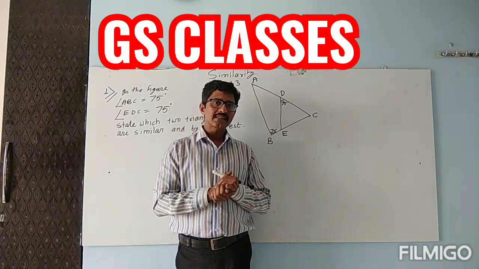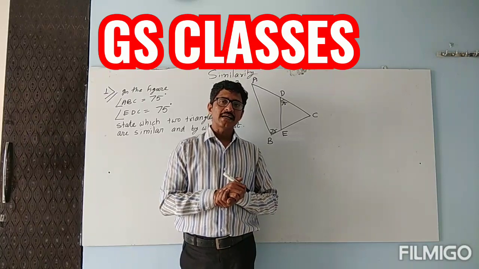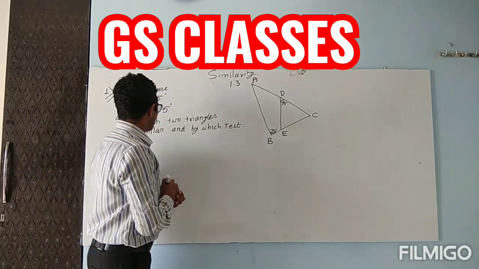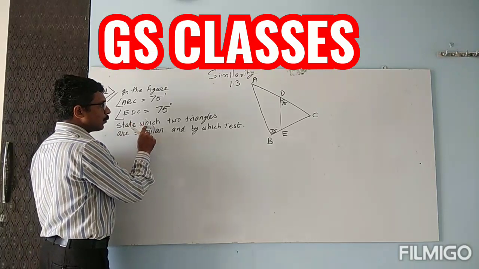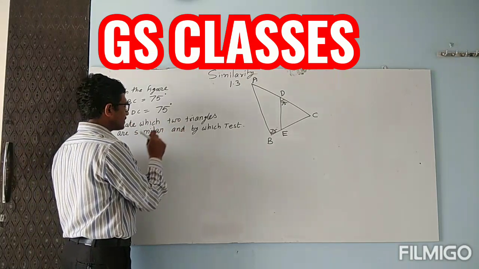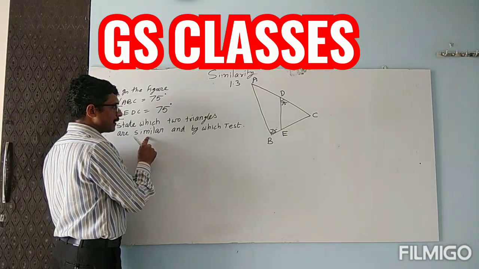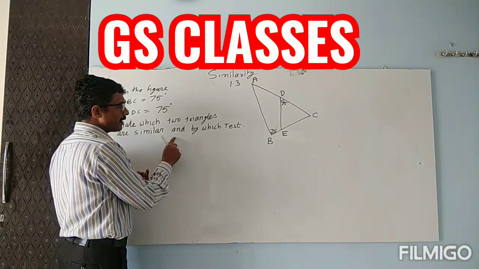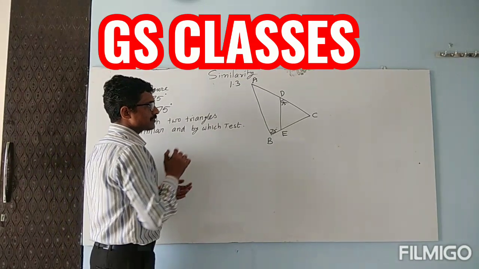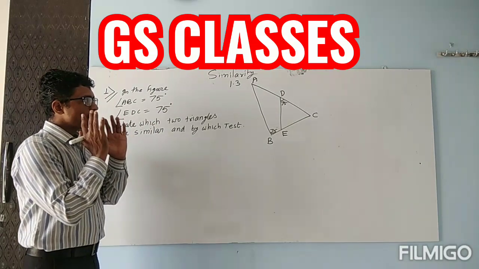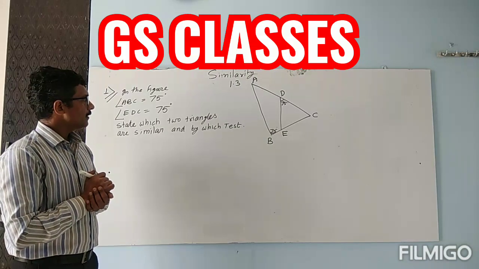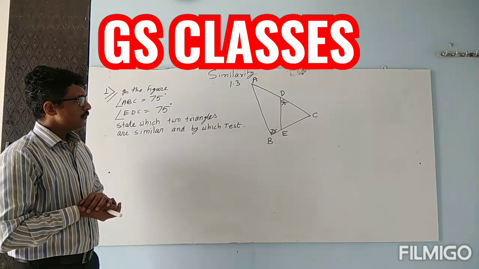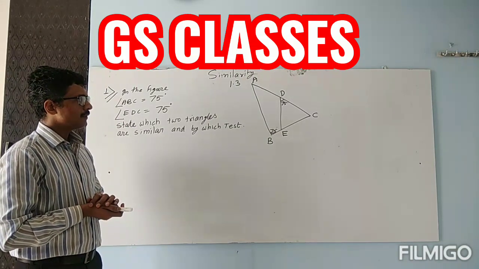On that basis, let us see what they are asking. They are asking, state which two triangles are similar and by which test. Which two triangles are similar? Now children, we are getting some idea.